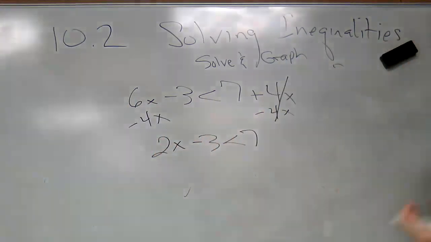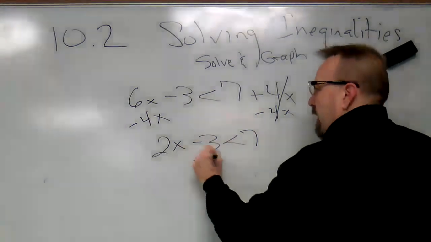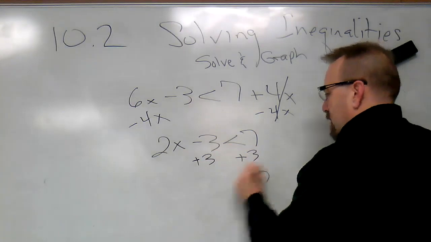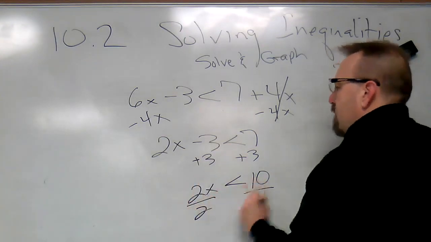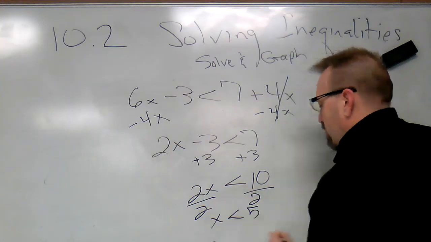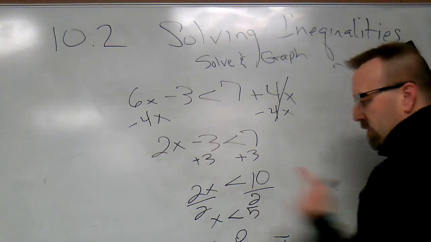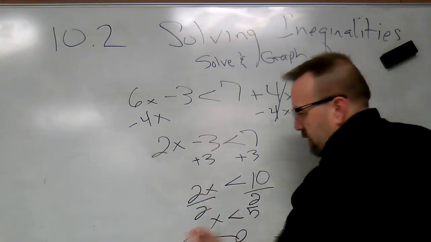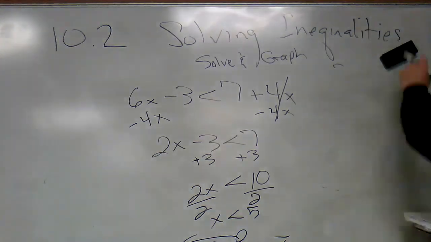So now we have a 2-step inequality where we just were. Add 3. 2x is less than 10. Divide by 2. X is less than 5. So again, we can graph. Here's 5. We have an open circle, and it's pointing to the left. Okay, let's do one last one then.